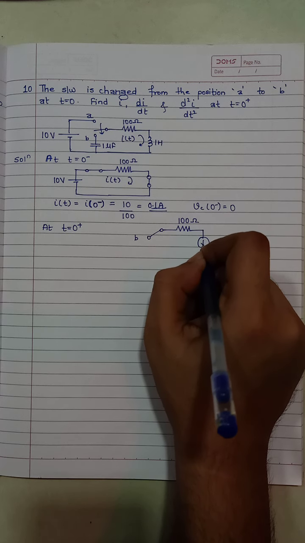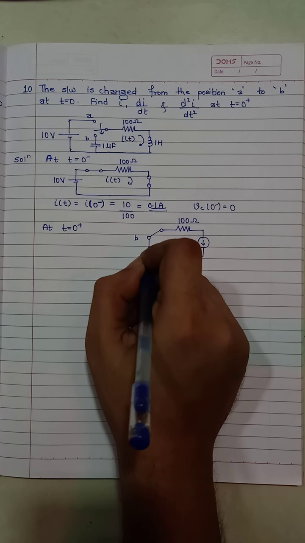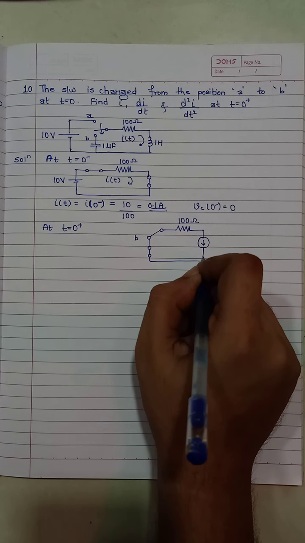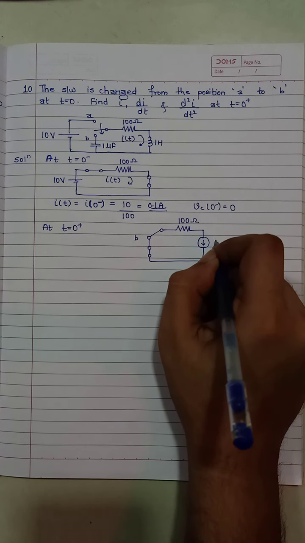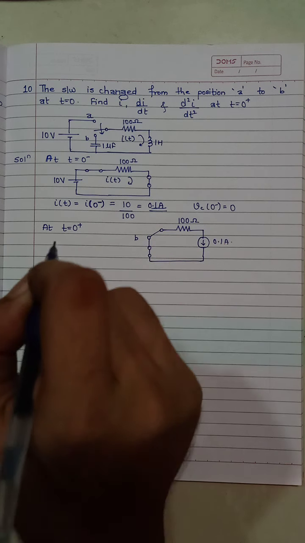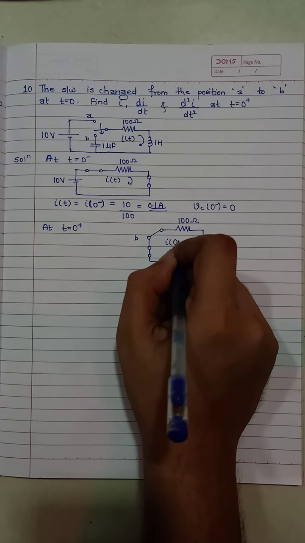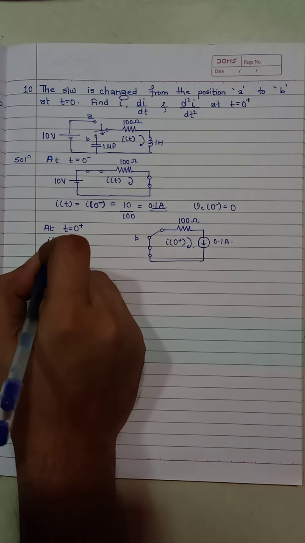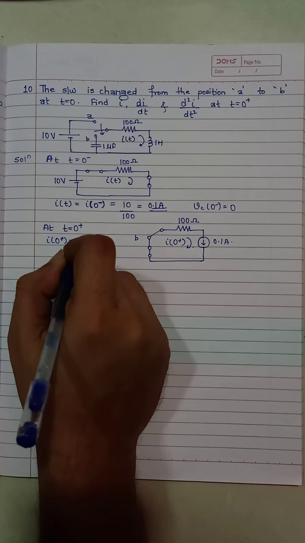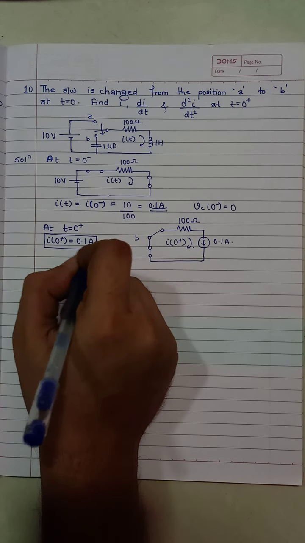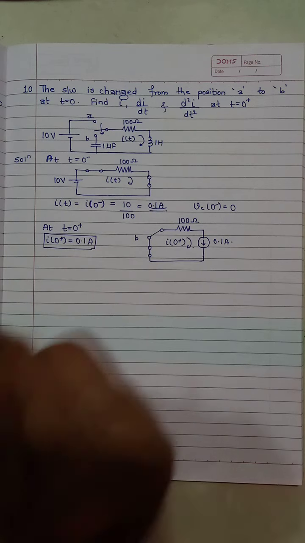This will act as current source, and since there was no voltage across the capacitor, we replace it with a short circuit. This is 0.1 ampere and we can find i of 0 plus. So again i of 0 plus will be 0.1 ampere.